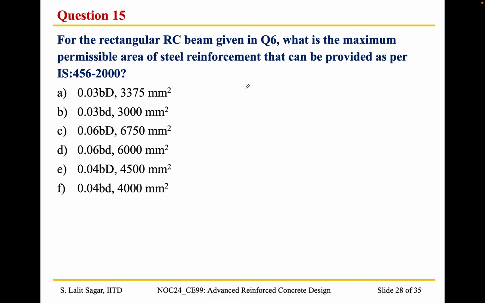Anybody would like to answer? Okay, so we will go ahead. I thought it was quite straightforward. The correct option is option E. As per the IS code, the maximum permissible reinforcement allowable in a beam is 4% of the cross sectional area, that is 0.04 B into capital D.